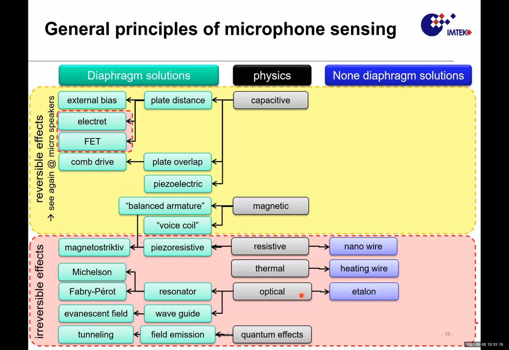Finally, quantum effects are also available, like field emission or tunneling junctions that measure little displacements. So there are a lot of principles that might be used, and we will see some of them being implemented. Still, most of the time, the capacitive transduction principle is used, and we go a little deeper into this and what it means to sense with a capacitive microphone.